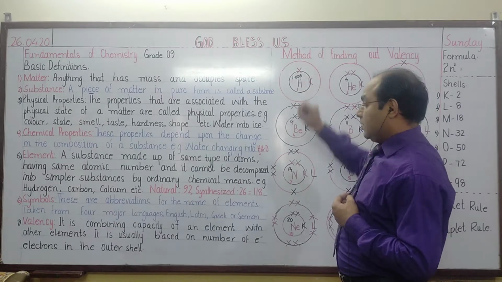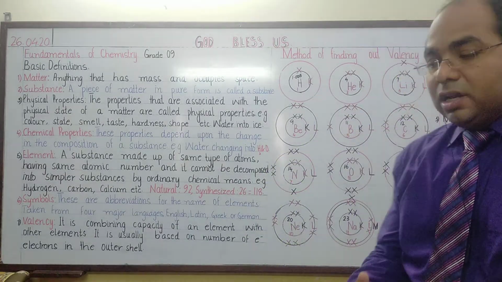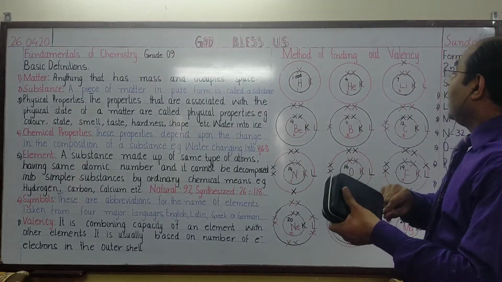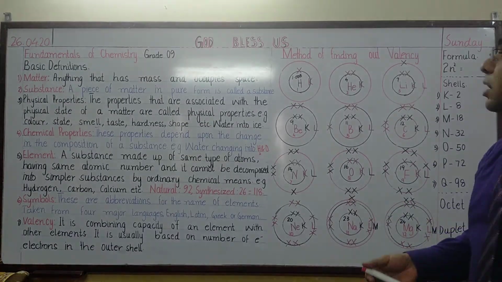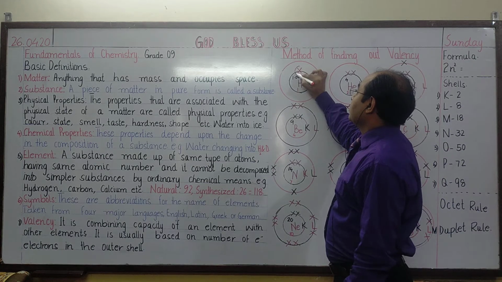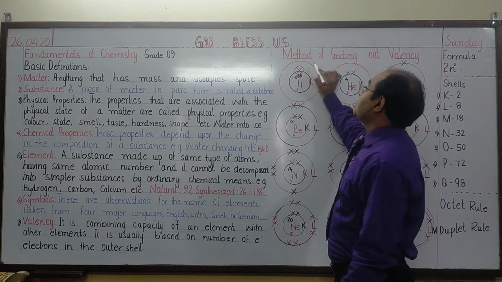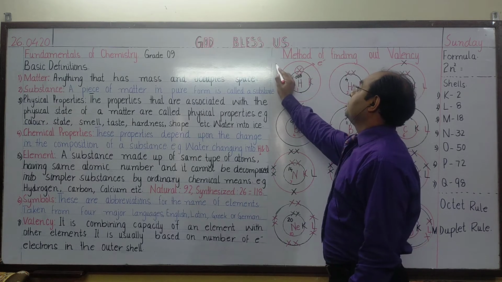So that means what we want to learn is that hydrogen has only 1 electron in the outermost shell. It has 2 options: either to give away this 1 electron and take a charge that would be known as plus 1.